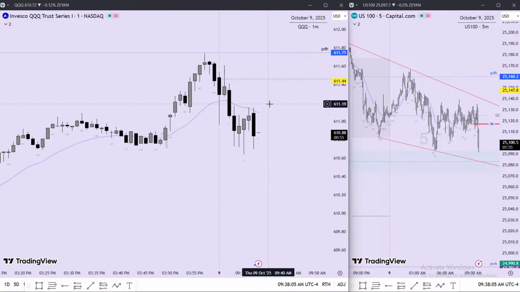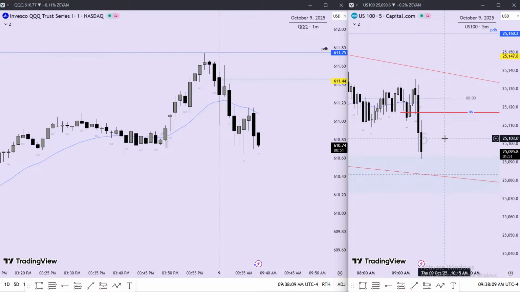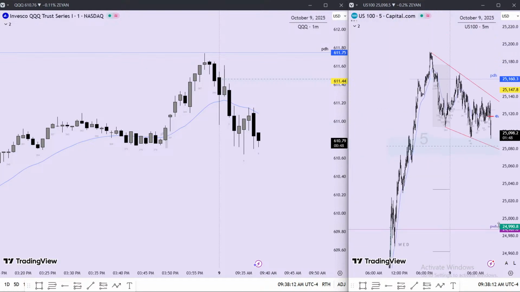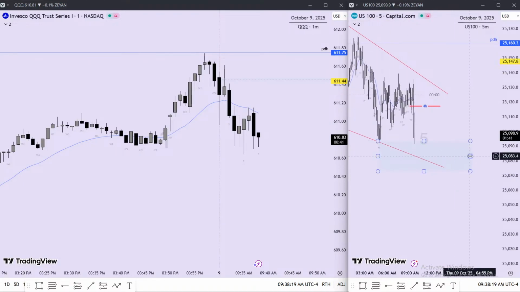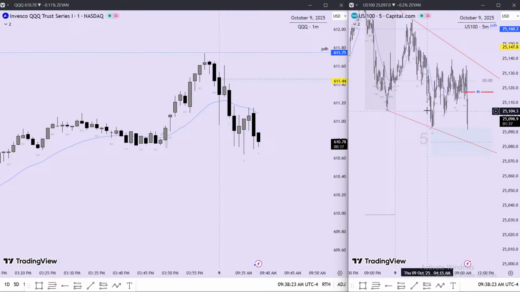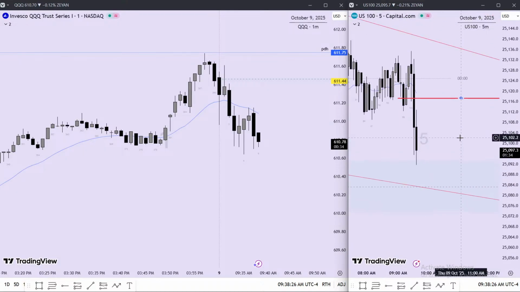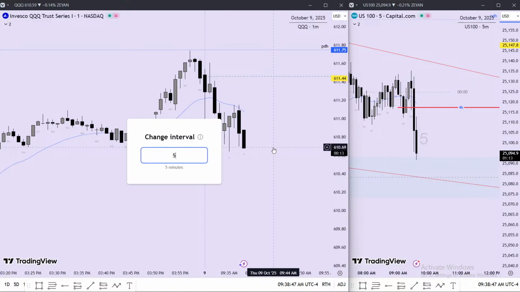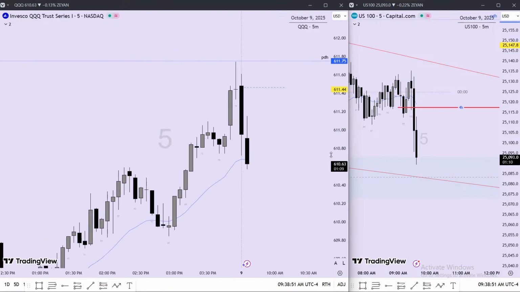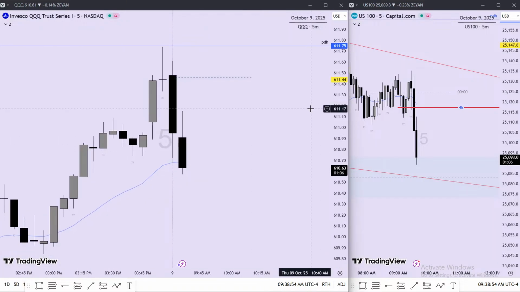They can assume that they are in power. We are retesting the MA on 5 minutes.